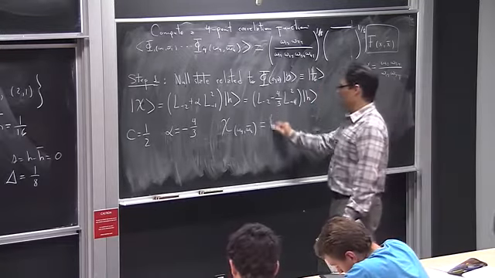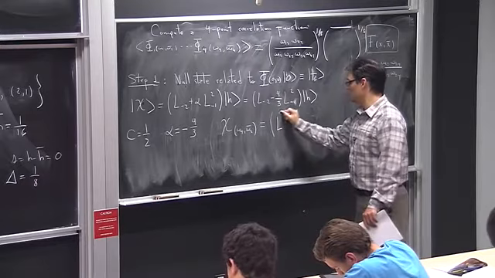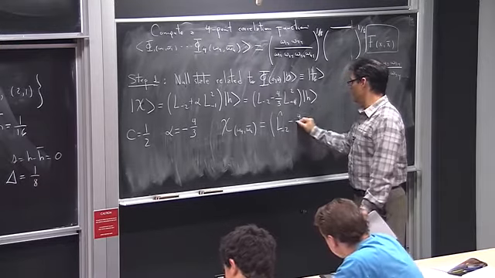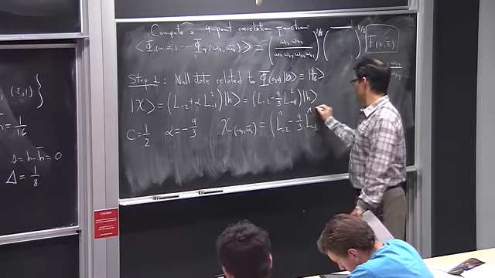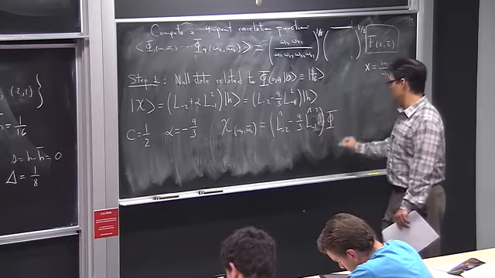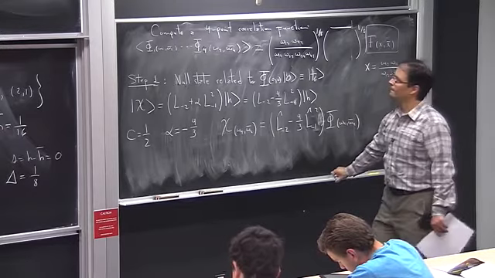Well, this operator, from the correspondence I mentioned, has to be the descendant computed in this form of our original field phi. Okay?